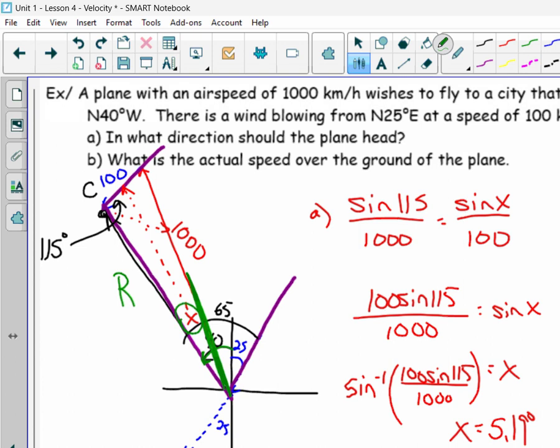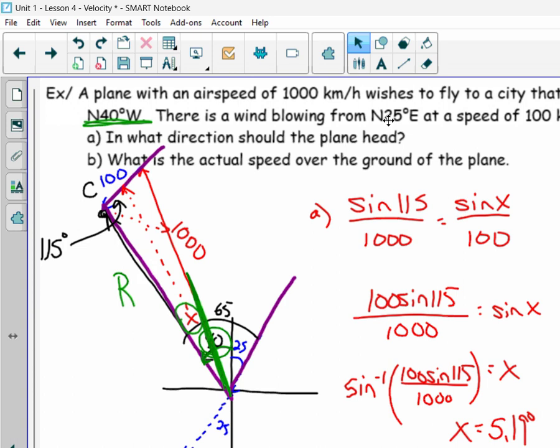So we're going to take the 40 and subtract the x. They want to end up here, so I have to go a little bit less than that. So 40 minus that is 34.89 degrees towards the west. I took the difference between my 40 and whatever x was.